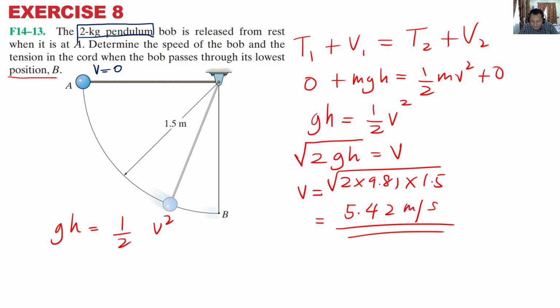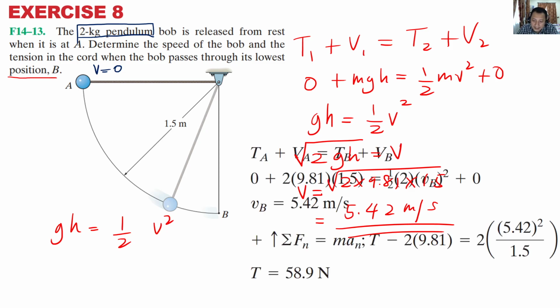5.42. So this is the velocity, and you can also find what is the tension when it passes through. There is a normal and there is a tangential.